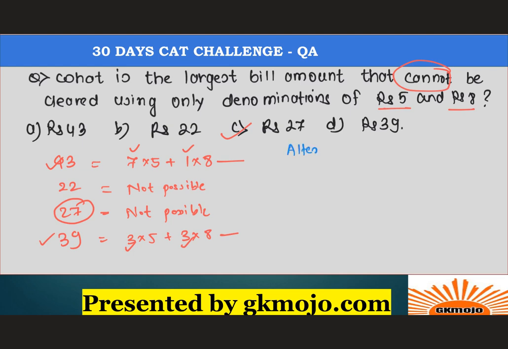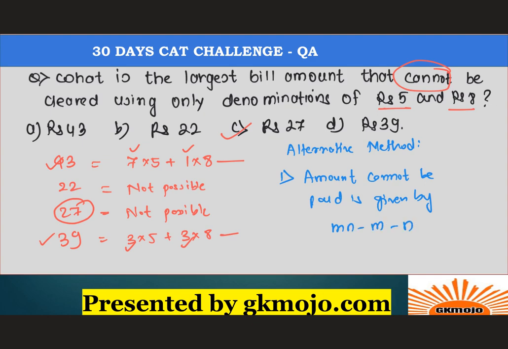Write down alternative method. All right, because such questions would often pop up in your examinations like CAT, XAT and IFT. All right, so the amount that cannot be paid is given by mn minus m minus n.